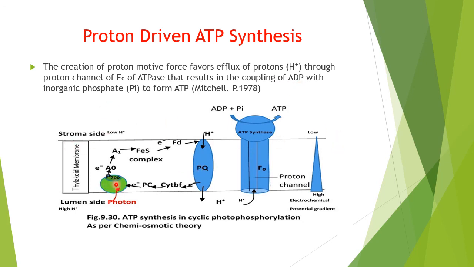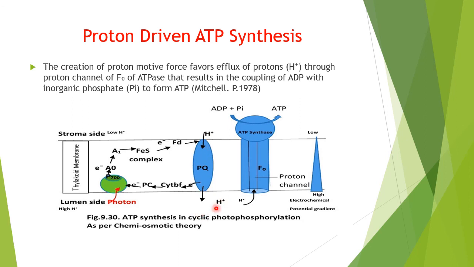We have seen this pigment system. This is the thylakoid membrane. This is the lumen side. This is the stroma side, and the photon is accepted here. It's passed through these electron carriers, and then ferredoxin, and then plastoquinone. Plastoquinone helps in the translocation of protons from the stroma side towards the lumen side.